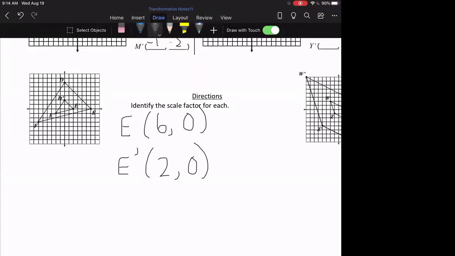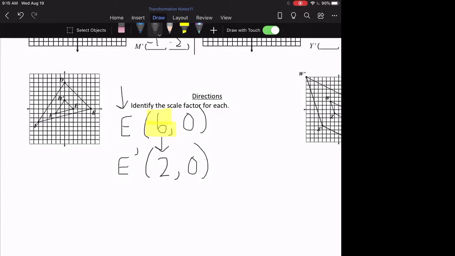This will be our pre-image since it doesn't have a prime. The first number is 6, and we want to know what 6 times what is going to get us 2.